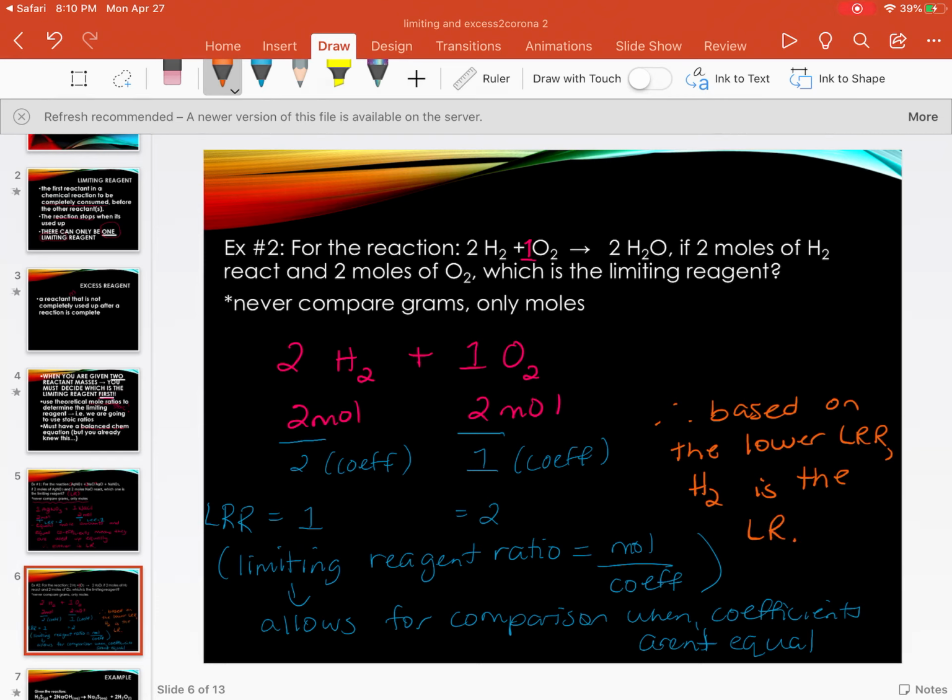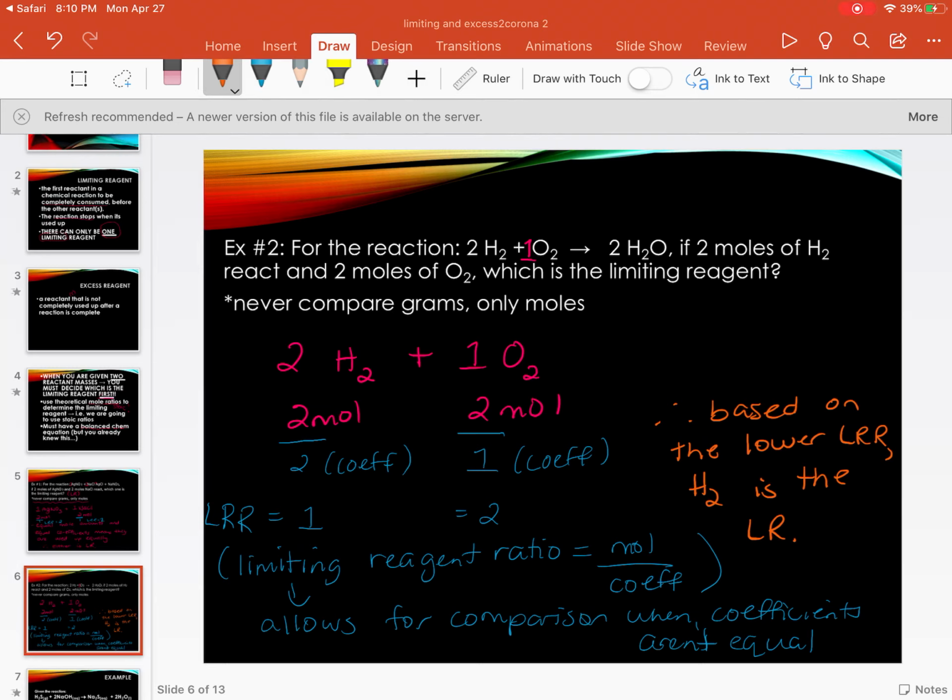So there are plenty of ways to think about this. Like I said, you can think of it like there is twice the amount of hydrogen that's required for every cycle of the reaction, so it's going to be used up faster. You can just look at how if you divide by the coefficient, then you're bringing it down to being able to compare when the coefficients aren't equal, like you're kind of getting rid of the coefficient or trying to cancel it out.